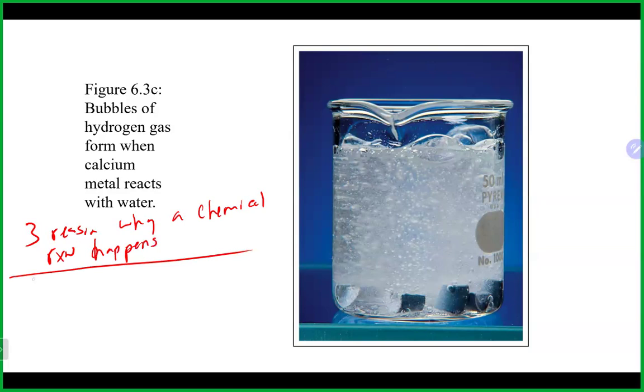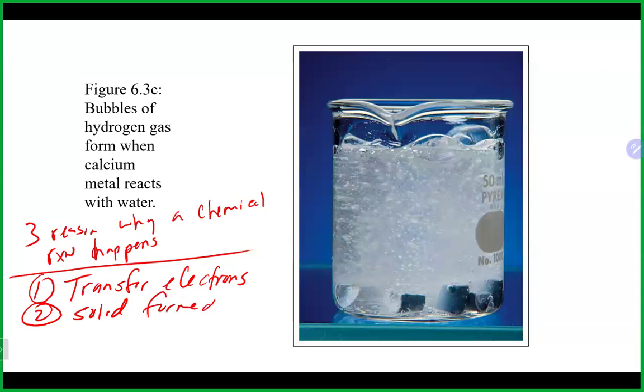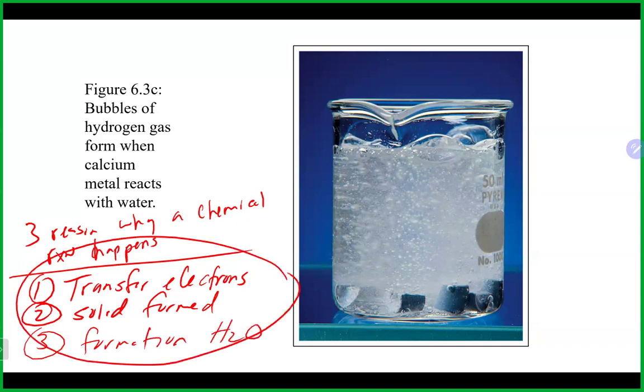Pretty much it involves electrons being transferred, so some type of transfer of electrons, some type of solid being formed, and the formation of water. Pretty much every reaction that we come across boils down to one of those three things happening. Electrons being transferred, solids being formed, or you made water. That's pretty much the deal on all reactions in most cases.